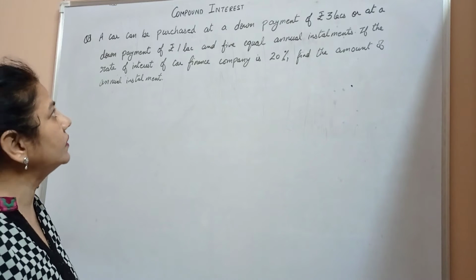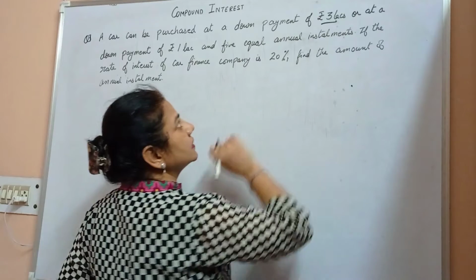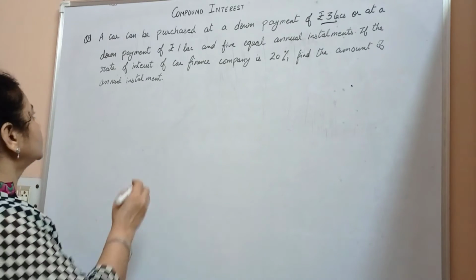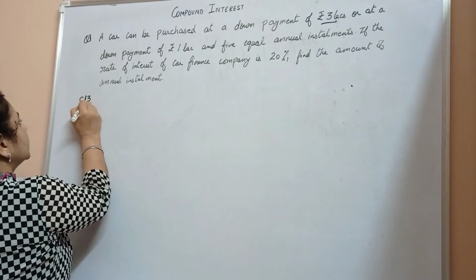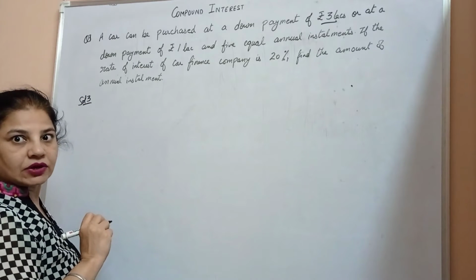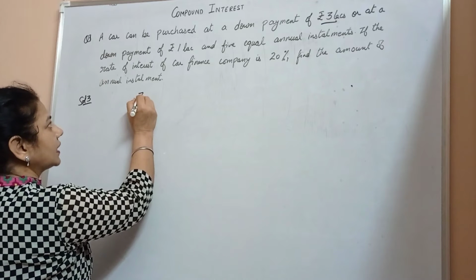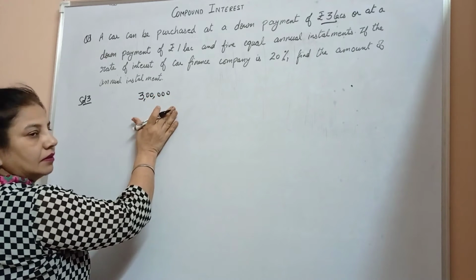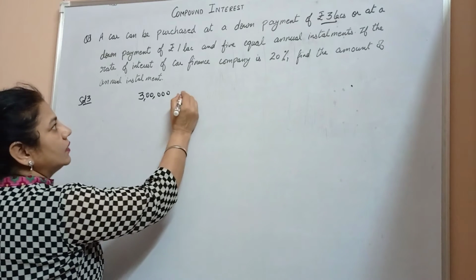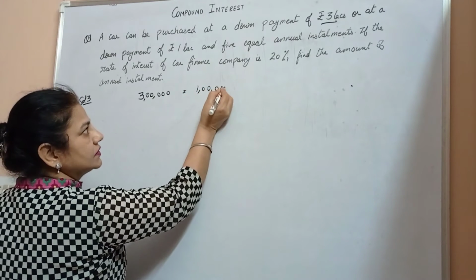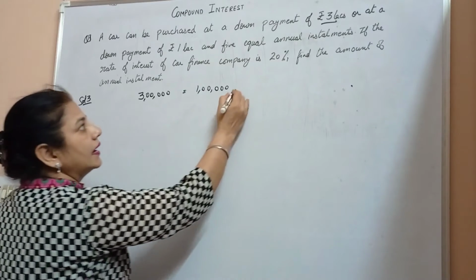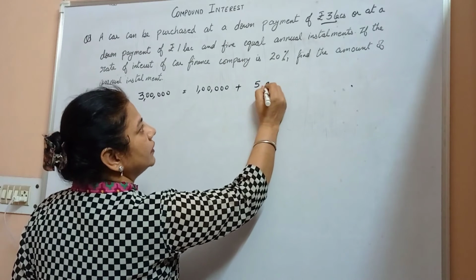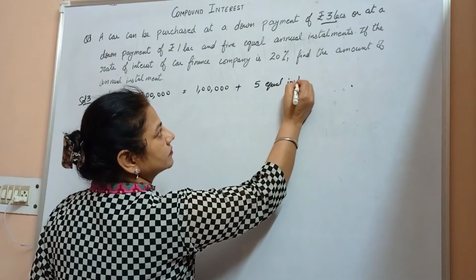In this case, 3 lakh rupees is the cash payment, or 1 lakh down payment and 5 equal installments. So the cost of the car is 3 lakh rupees, and 1 lakh is the down payment, and the respective installments are 5 equal installments.